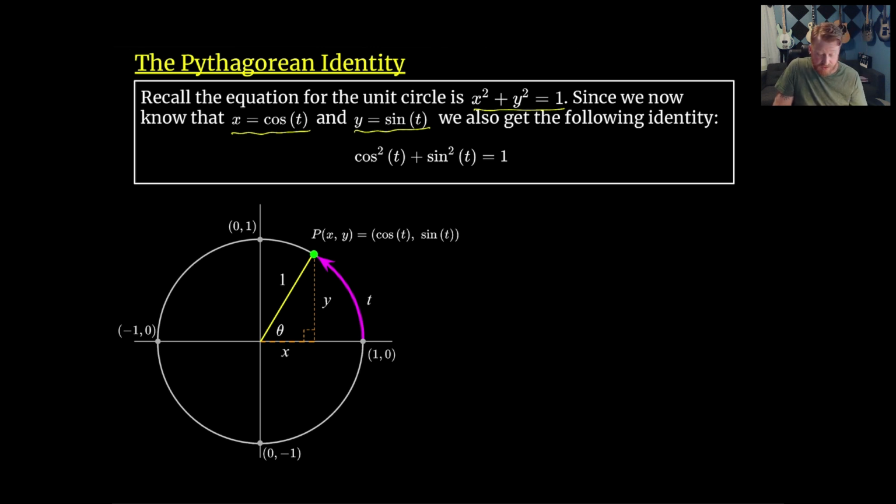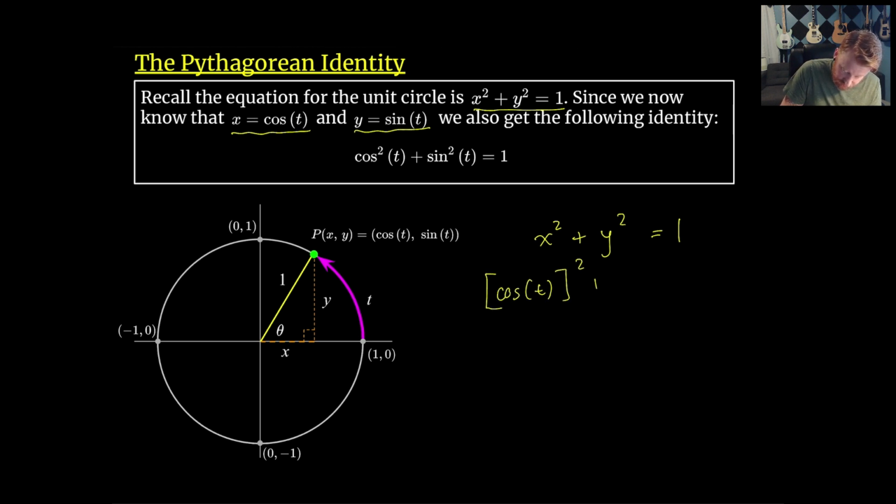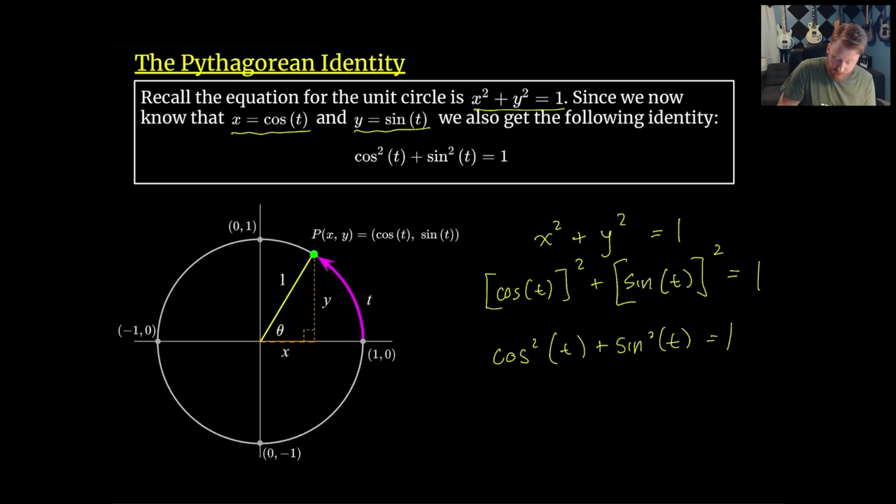We're literally making this substitution: x is the cosine of t, which is being squared, and y is the sine of t, which is being squared, and this should equal 1. Then just changing how we notate cosines squared and sines squared, we get, as promised, what we have above: cosine squared t plus sine squared t equals 1.